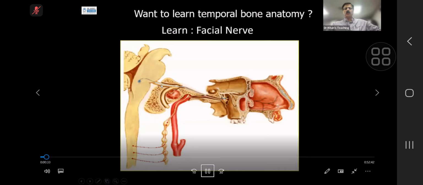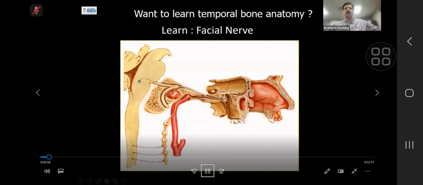This portion where I am pointing out is the labyrinthine portion of the facial nerve. It passes anteriorly, and this thickening is known as the geniculate ganglion. So this is the geniculate ganglion. And from here, it turns on itself and passes posteriorly.